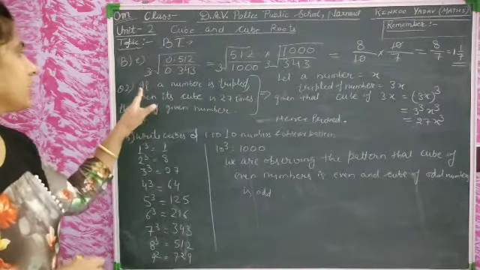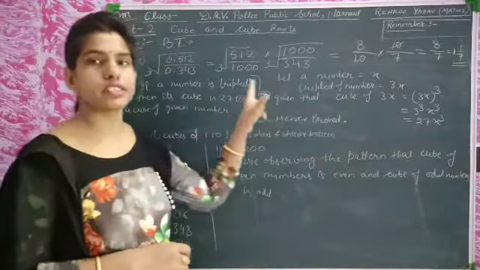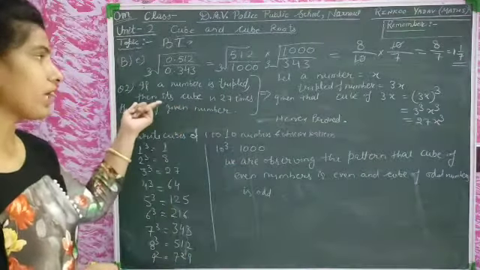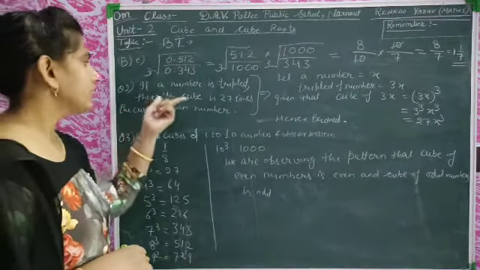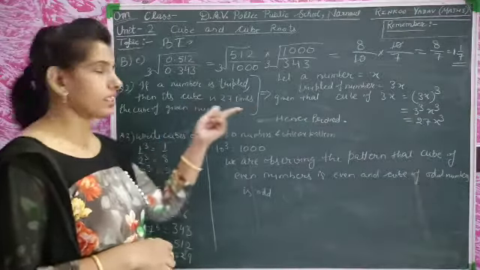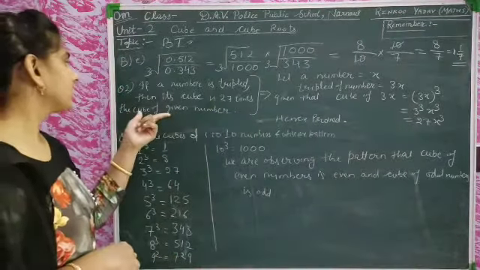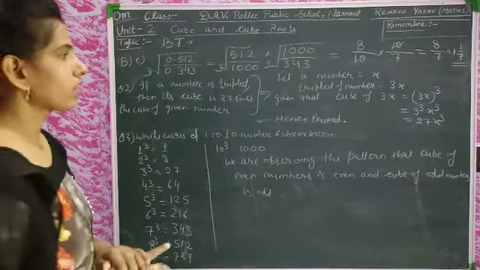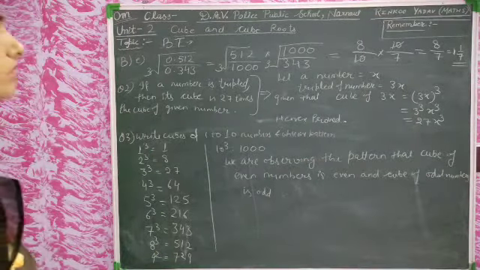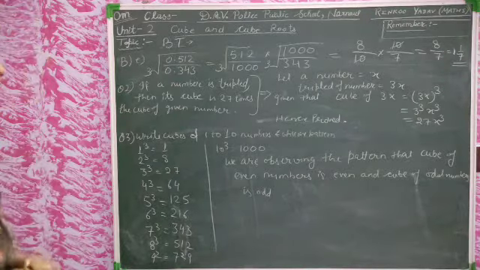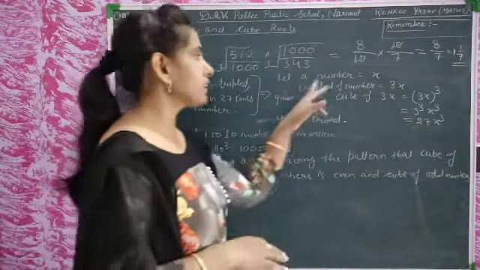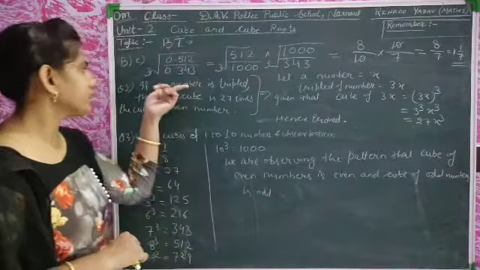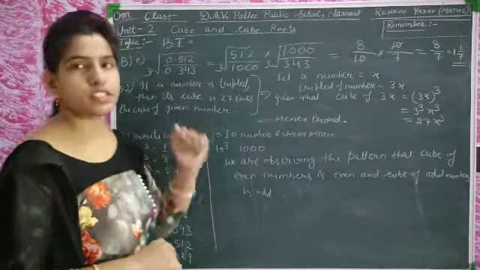The next question is: if a number is tripled, we have to prove that its cube is 27 times the cube of the given number. Now students, let the number be x and the number is tripled.